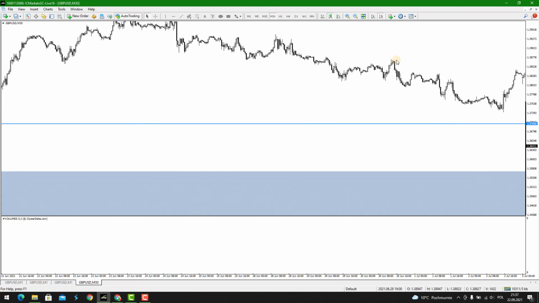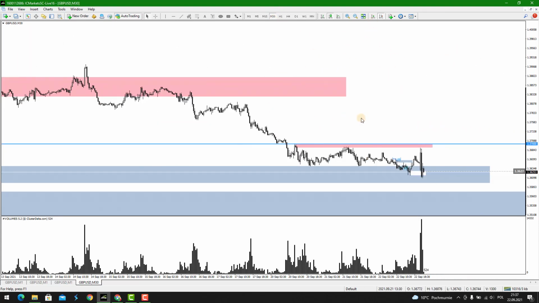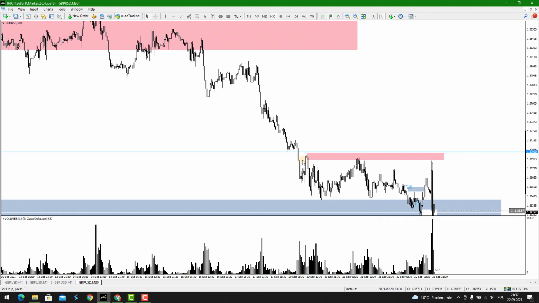The next zone I drew was on the M30. It was this supply when price was below the institutional level. There could also be another one drawn above because it was the break of structure. I just focused on the lower one because price already reacted here yesterday, and I found this more accurate for the current price action.